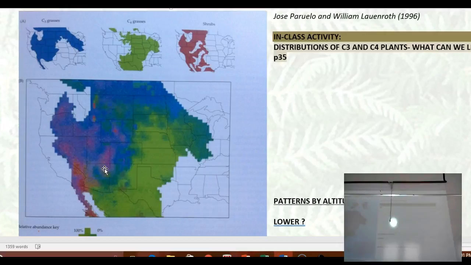Mostly C4 grasses surrounding, but we're seeing some C3 grasses. How about, seems like we've got C3 grasses to the north and C4 grasses to the south. What's going on right there? Why north, why south? See that?